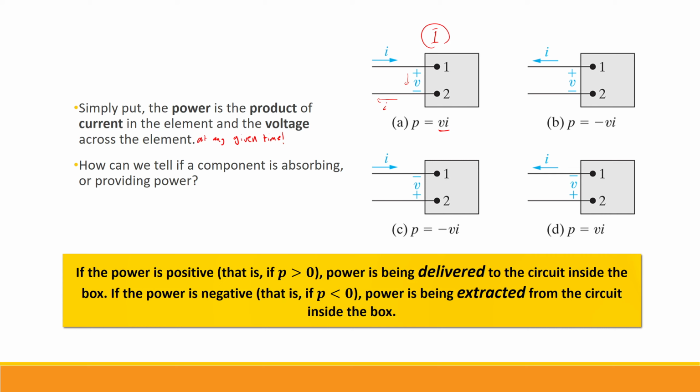Let's just quickly go over a case where P equals negative V multiplied by I. So between the second figure and the first one, as you can see, the polarity of the voltage didn't change. We have positive and negative for terminal 1 and terminal 2 respectively.